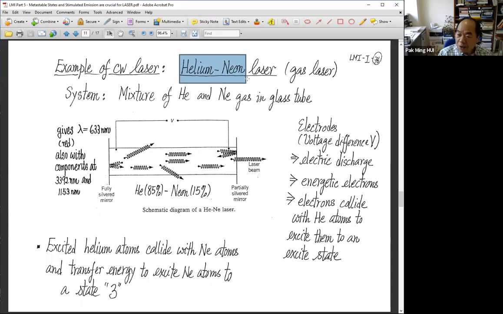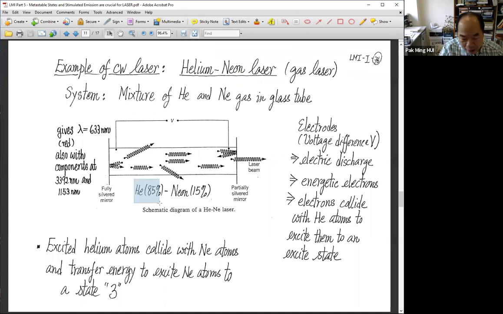But it so happened that there are energy levels in their excited states that we can make use of for pumping. I think that is the reason. The atom that is responsible for lasing is neon. Helium is for pumping. So let's see how it goes.